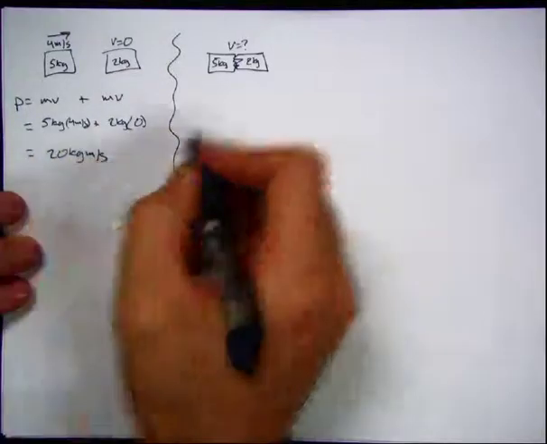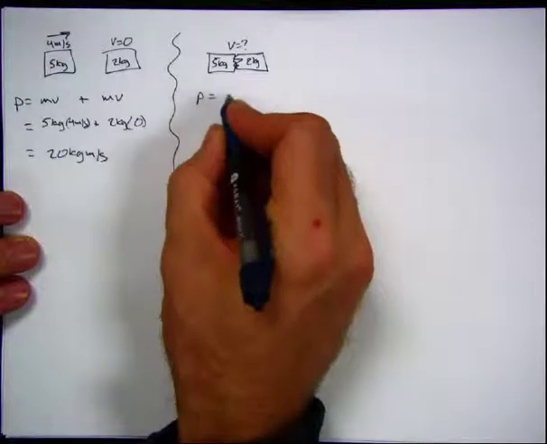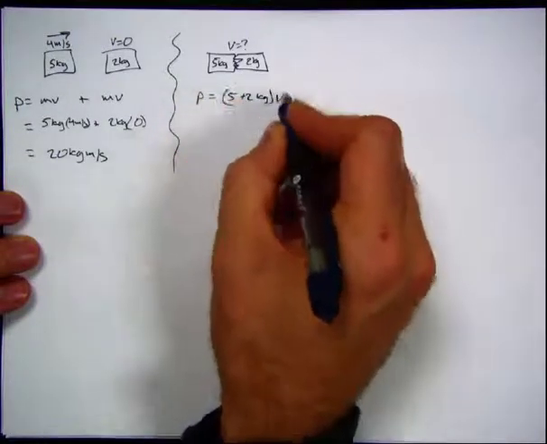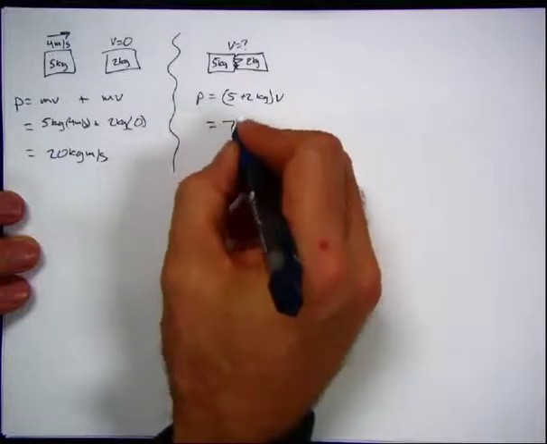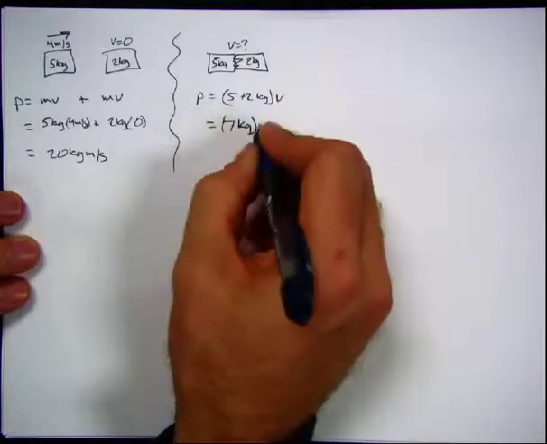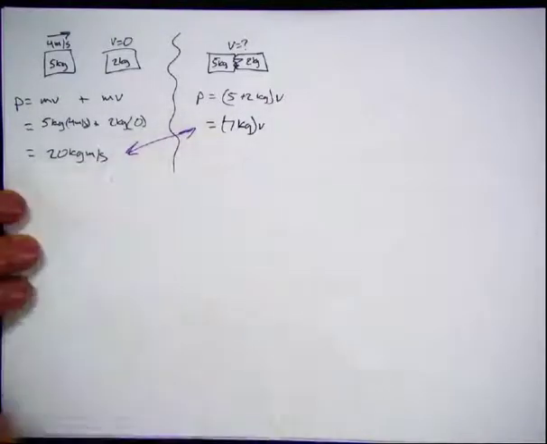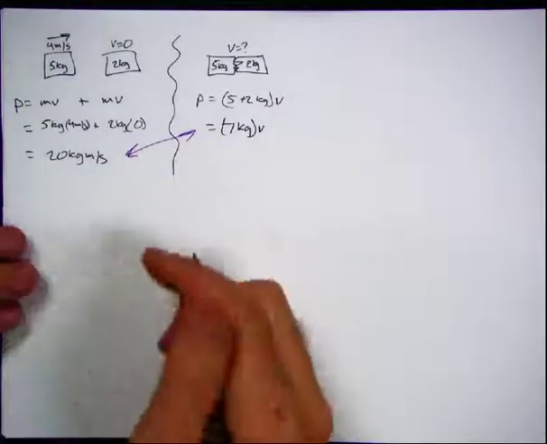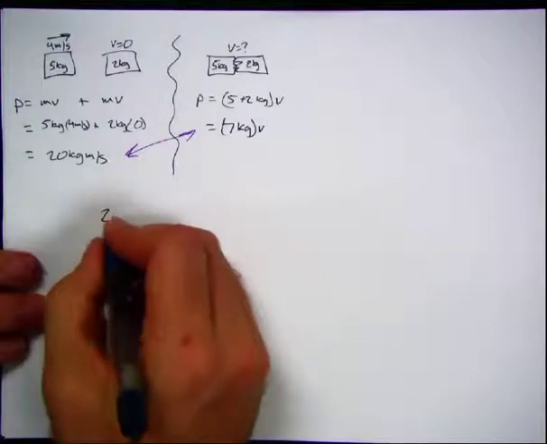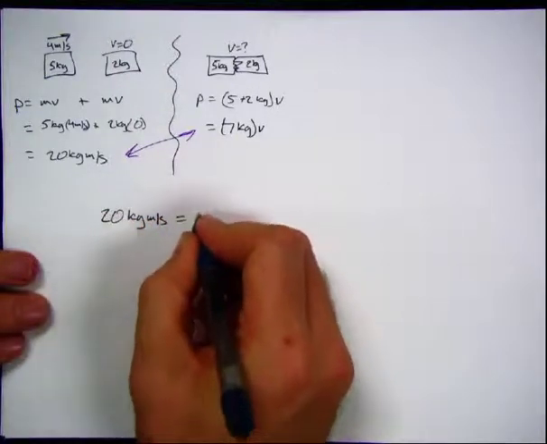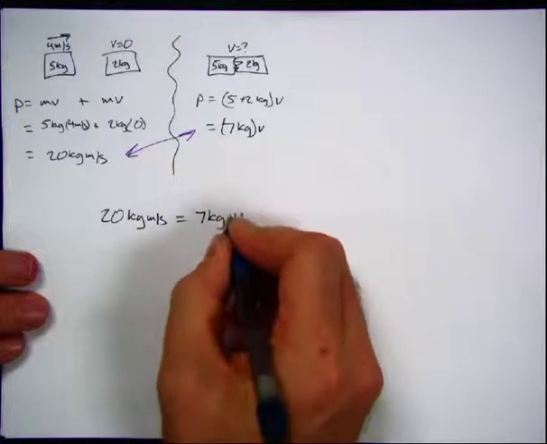meters per second. After the collision, the momentum is 5 plus 2 kilograms times some unknown velocity, so it is 7 kilograms times that velocity. Conservation of momentum says that the momentum before equals the momentum after, and we can see that 20 kilogram meters per second is equal to 7 kilograms times the velocity.